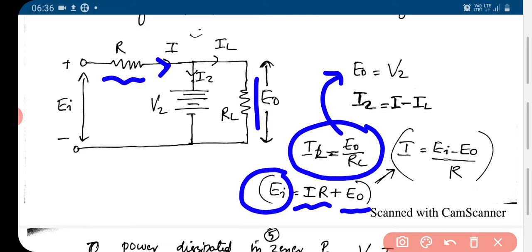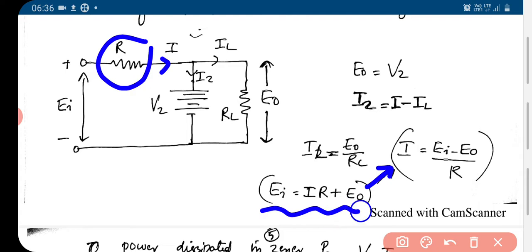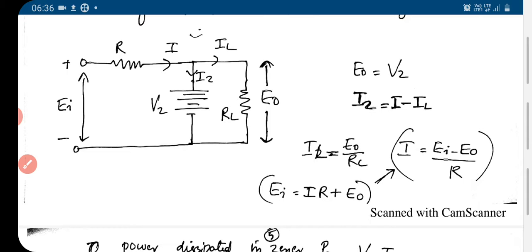So EI equals IR plus E0. From this we can find the current passing through R: I equals EI minus E0 by R. So this is the current.